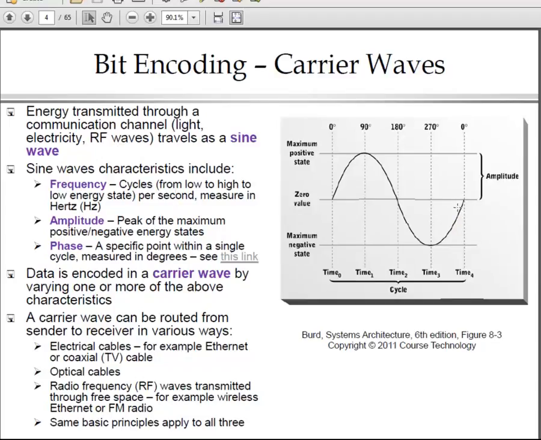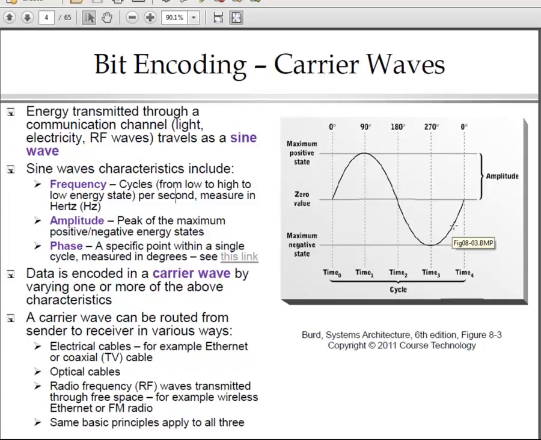In the case of sound, we recognize frequency as pitch. So low frequencies would be a very low sound. My voice doesn't go very low. Whereas high frequency would be something like that.